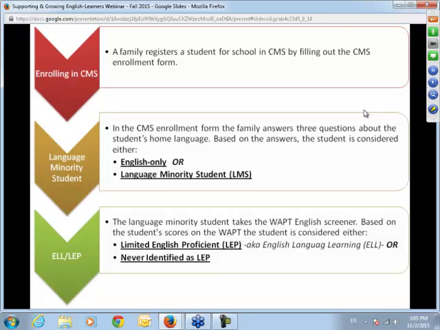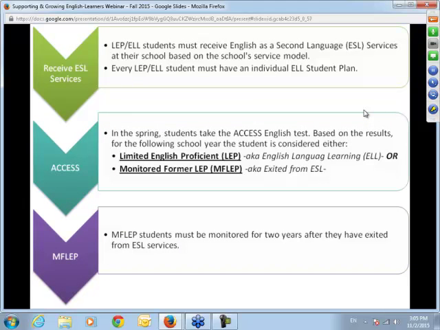And so that's really how we begin the process of making sure they're going to get the support that they need. After that, LEP students must receive English as a second language or ESL services at their school based on the school's service model, which we'll get into in just a minute. And every LEP student or ELL student must have an individual ELL or English Language Learner student plan.